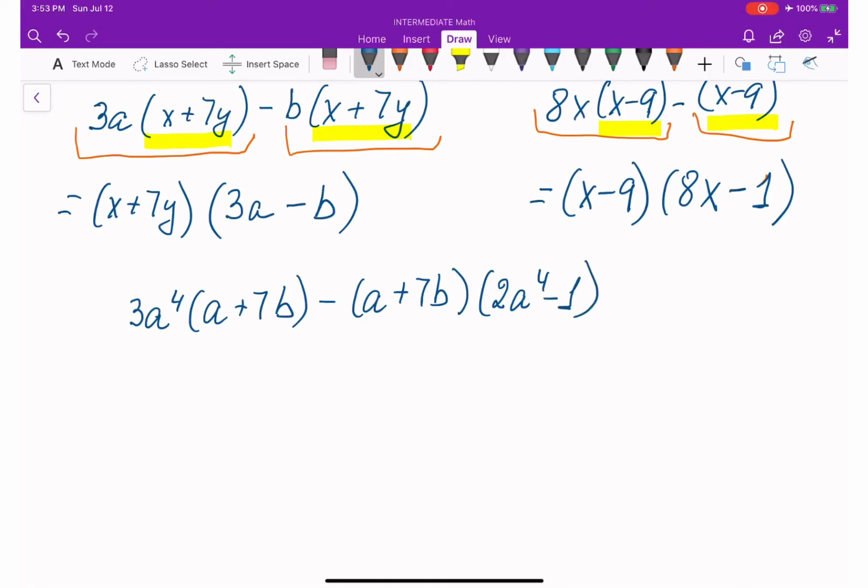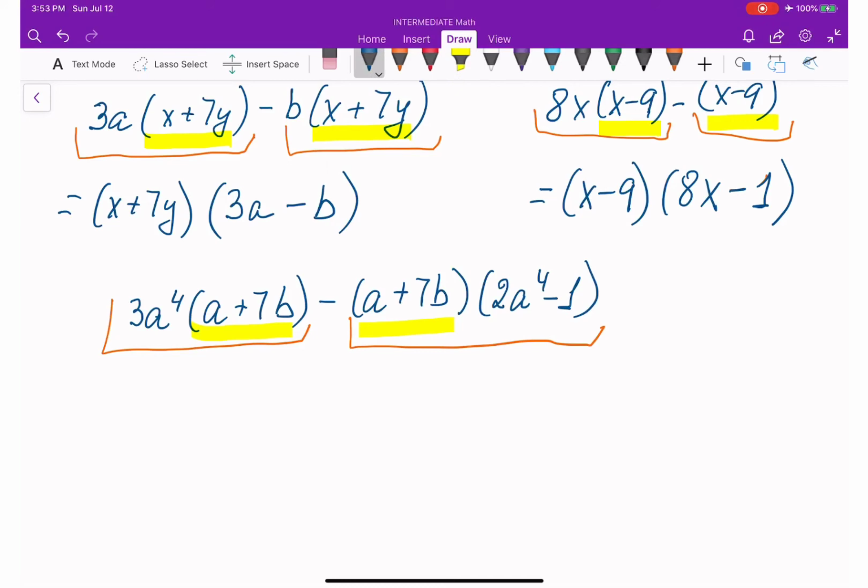All right, so this is my first term, this is my second term. So what is the common factor here? It's going to be a plus 7b.